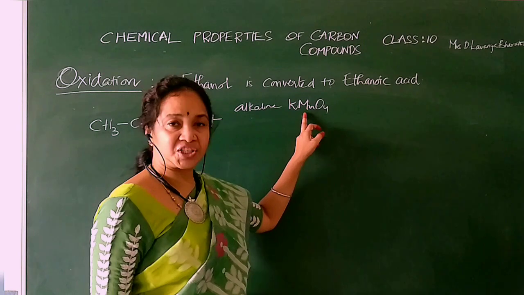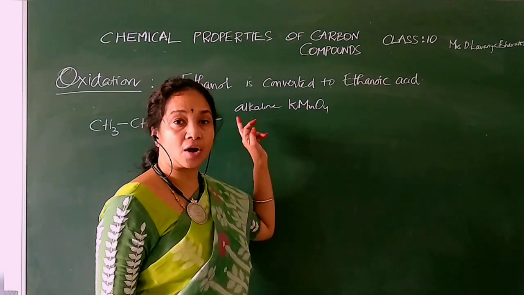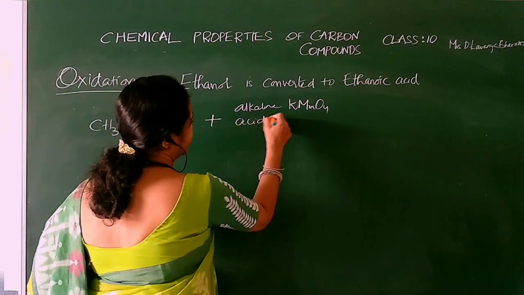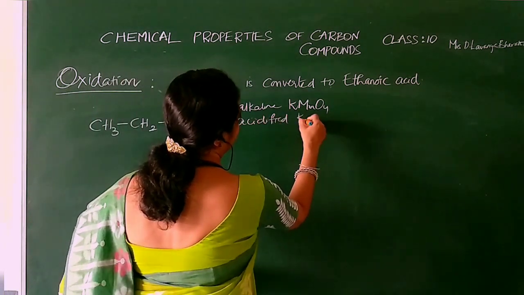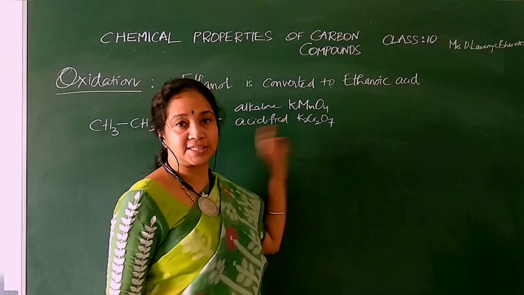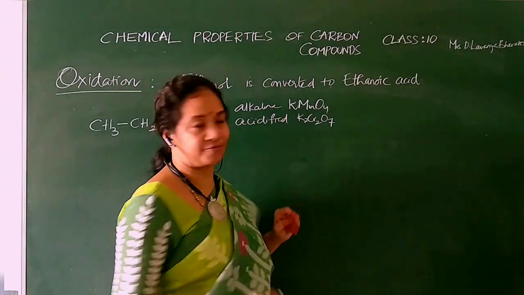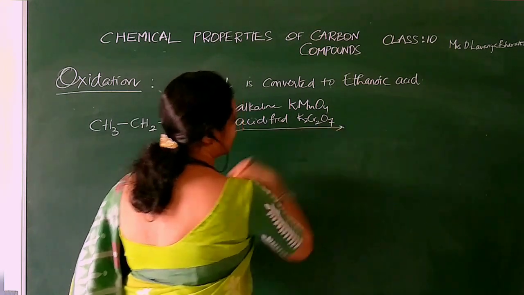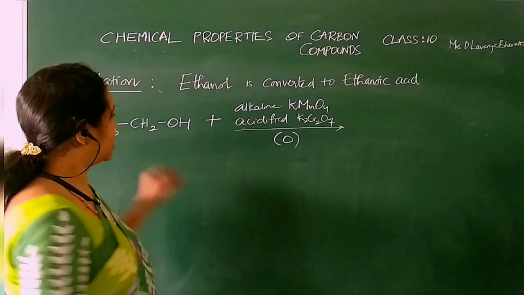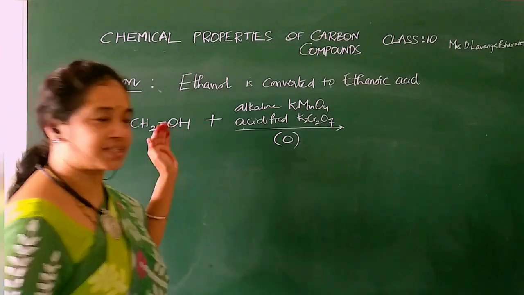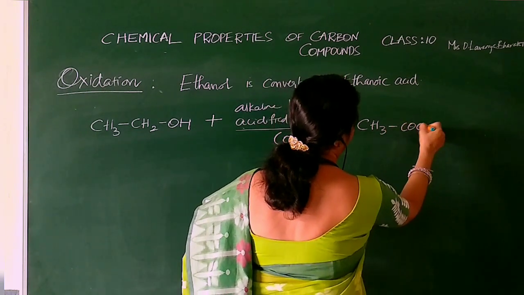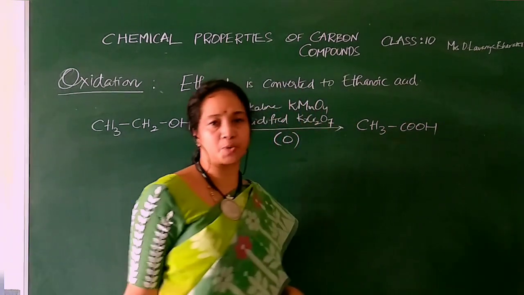So potassium permanganate crystals are dissolved in potassium hydroxide, or acidified K2Cr2O7. Potassium dichromate crystals are dissolved in dilute sulfuric acid. These two are called oxidizing agents, and they release nascent oxygens. So here hydrogens are removed and oxygen is added, such that CH3COOH, this is ethanoic acid, is produced.